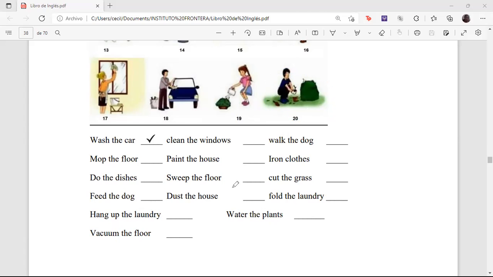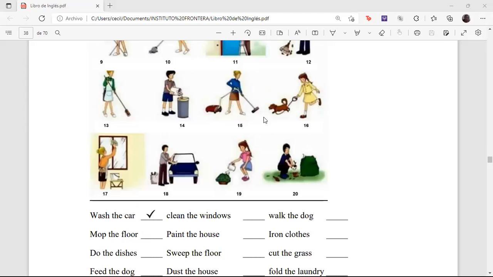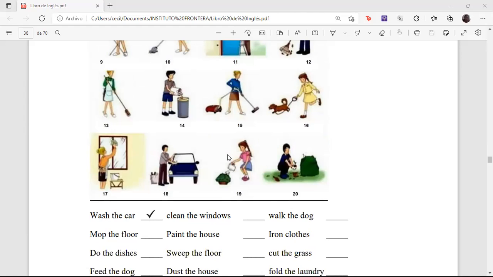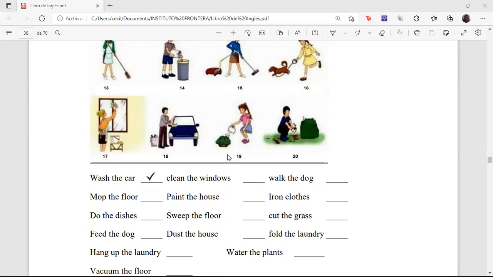The picture is not very good, so this one is cut the grass. This one is what? Water the plants. This one is wash the car. Clean the windows. Okay, walk the dog, sorry. This one would be vacuum the floor. Okay. Now, the other ones, could it be hang the laundry?